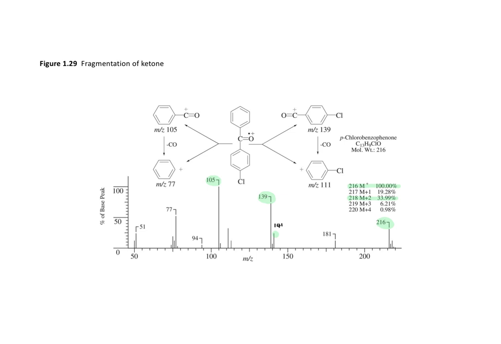The acylium ions, in turn, can decompose by losing a carbonyl to mass over charge of 111 and mass over charge at 77.